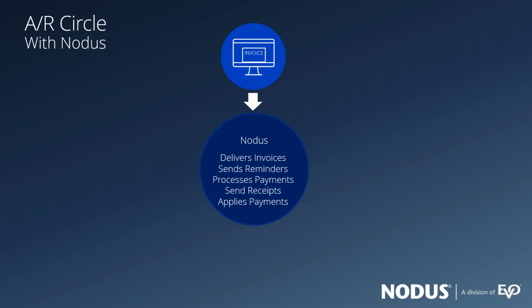You can set up automatic payments for autopays, and you can allow customers to make payments on their own. It sends automatic receipts to the customers when the payment is successfully processed, and then, most importantly, it integrates back into Great Plains or your accounting system to make sure that the payment has offset the balance. So this is what an automated AR process should look like.